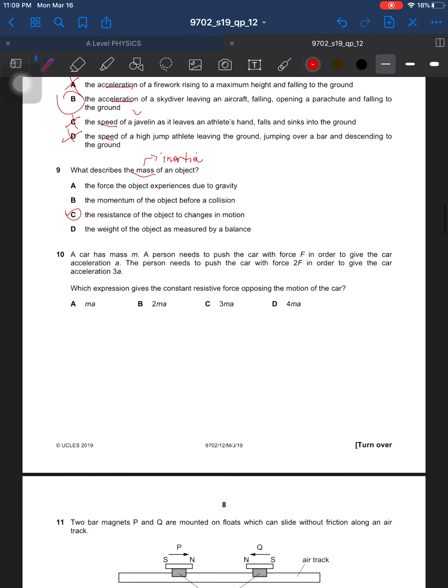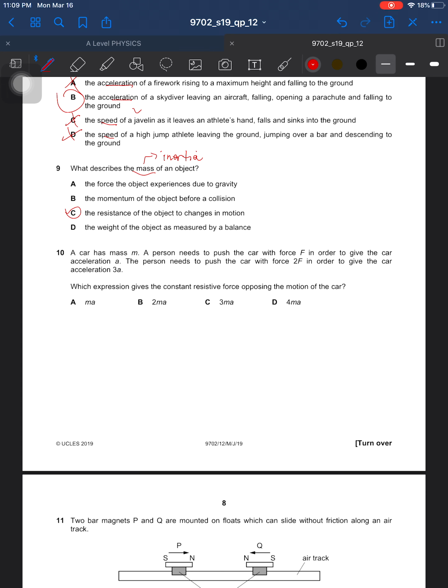For this part, we're just doing 10 questions. The last question is about Newton's laws. A force F is needed to give an acceleration A to a car of mass m.